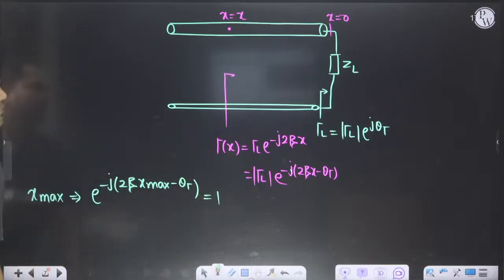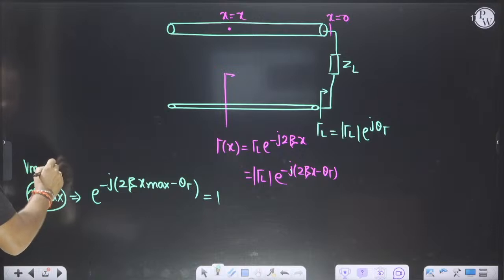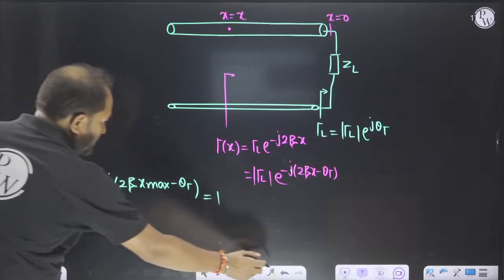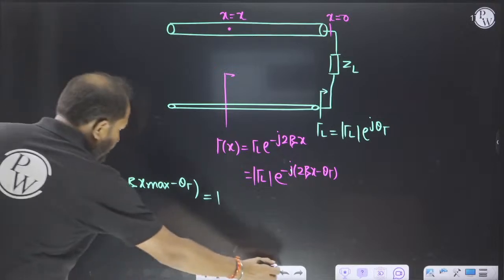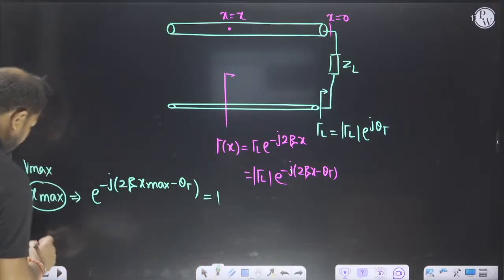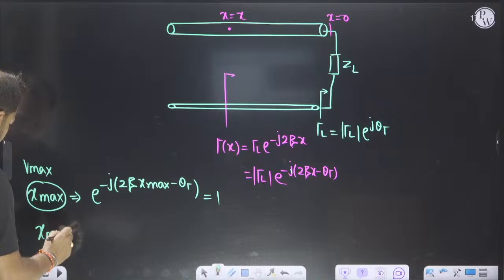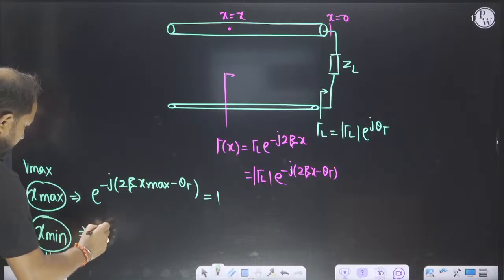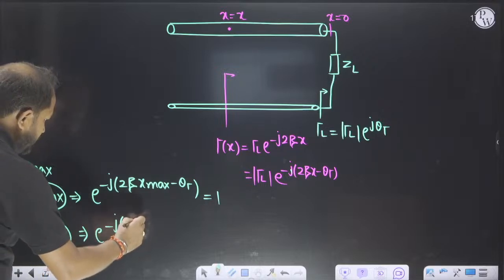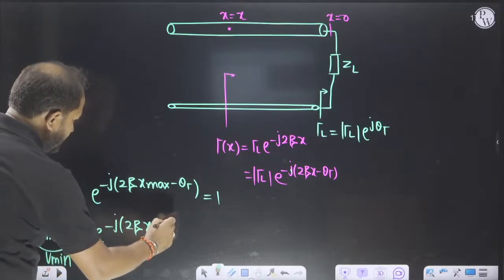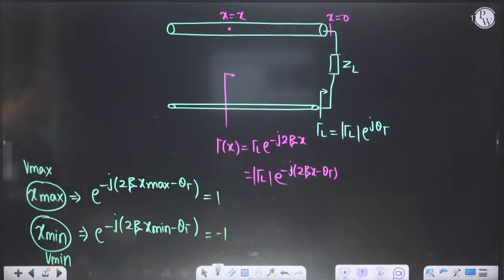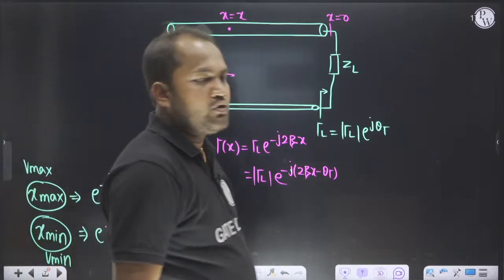At x max, voltage is maximum. And at x min, the voltage will become minimum, so e to the power j 2 beta x min minus theta gamma is equal to minus 1.